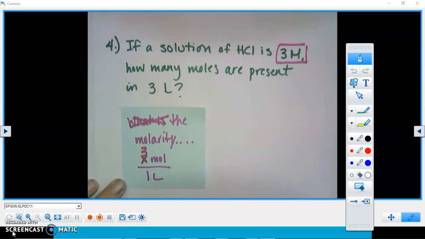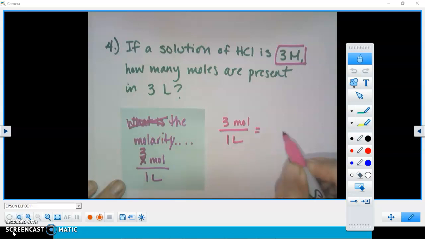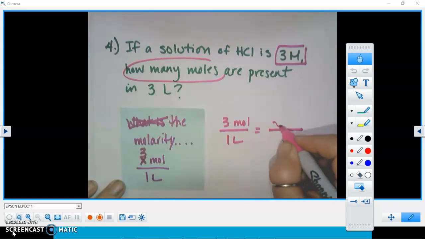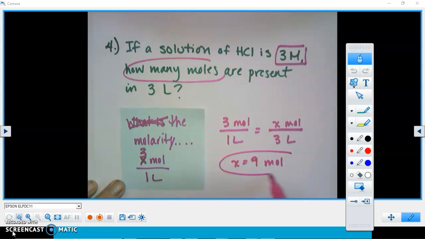So the difference here is this is not the question, it's the given. We are told there are 3 moles per 1 liter. The question is asking now for us to solve for how many moles are there in 3 liters. So be careful that you read that carefully. And the answer here is there would be 9 moles in 3 liters. And our answer isn't in molarity anymore, it's in moles.